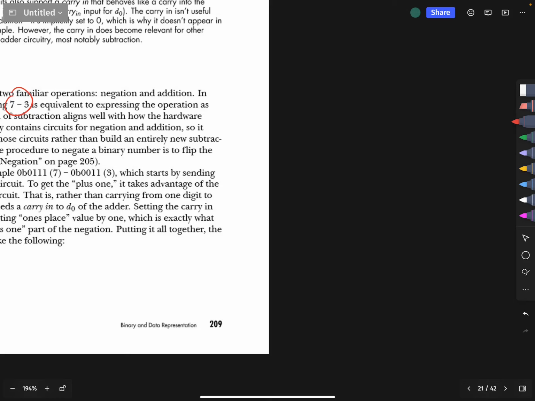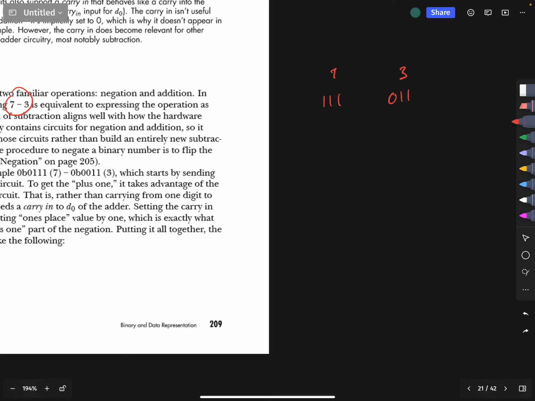So 7 is the number 111, and 3 is 011. Let's think about what we would do to subtract 3 from 7 using these things, especially trying to reduce this to a negation.